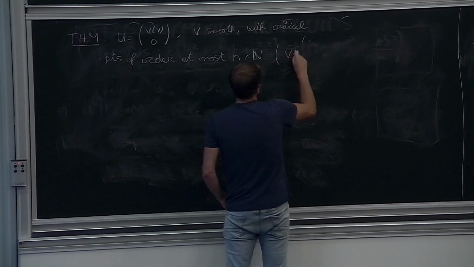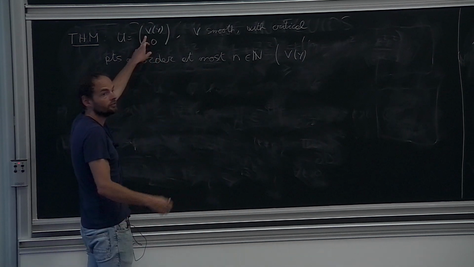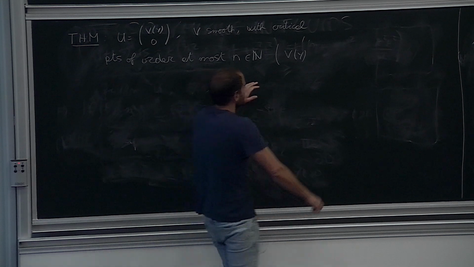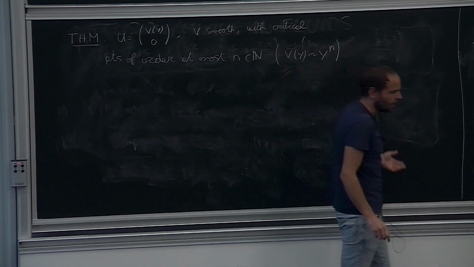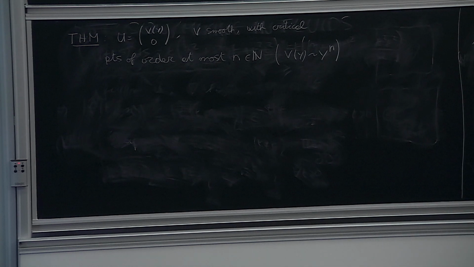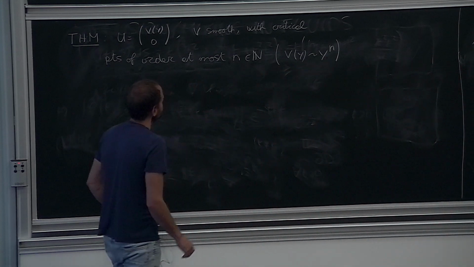Okay, so which means that if you think of v as having say a critical point at y equal to 0, you should think of something like y to the n. So if n is equal to 1, there's no critical point, okay? So that's my convention. n equal 1 means you're just monotone, you're just like Couette, so there's no critical point, but you can be, I don't know, parabola or whatever.